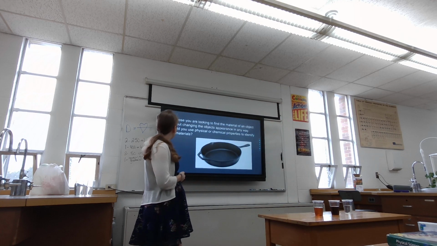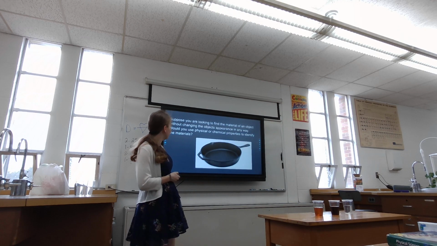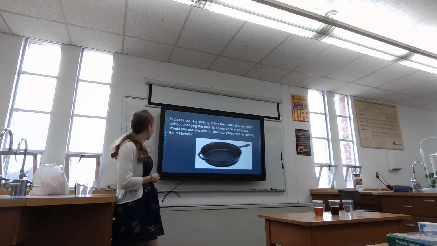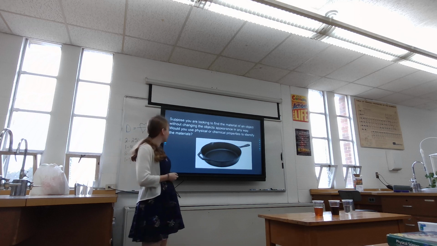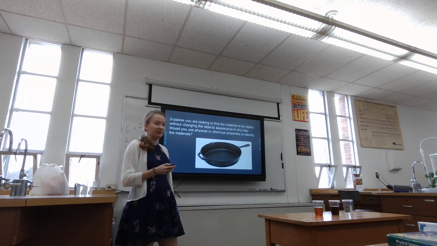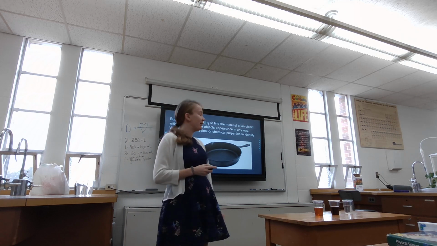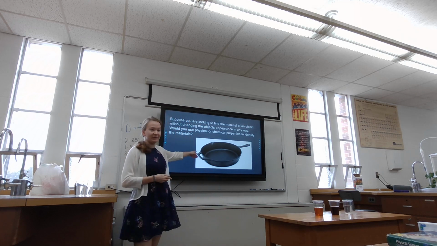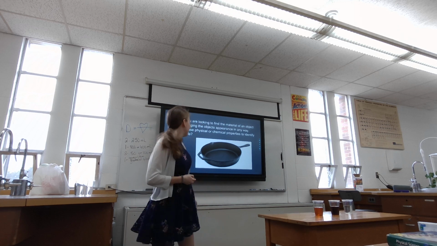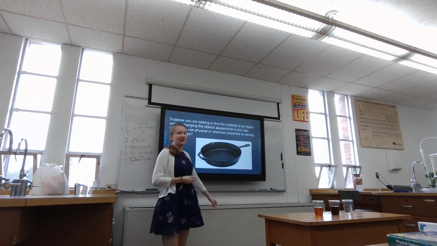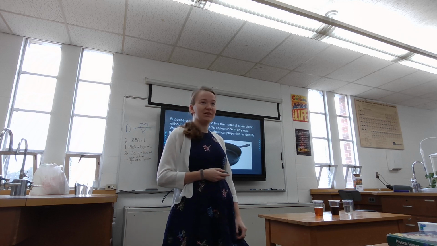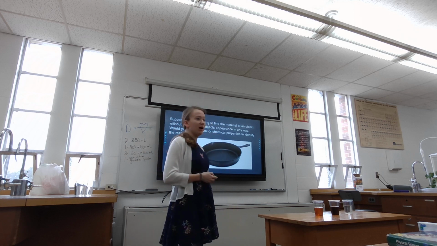Now, suppose you're looking to find the material of an object without changing the object's appearance in any way. Would you use the physical or chemical properties? Physical. Exactly. Now, how would you do it with this pan here? How might you tell what substance this pan is made out of just by seeing it? Hit it with a hammer.